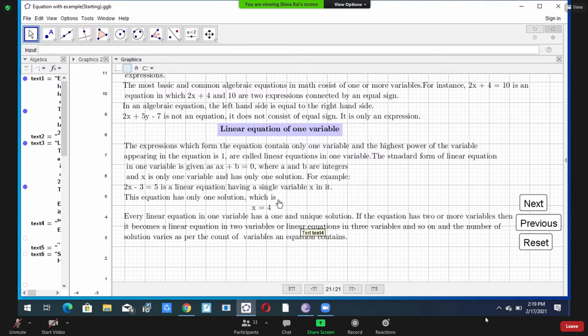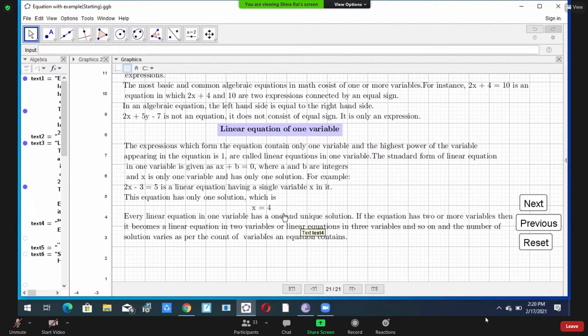It means the equation is satisfied by only one value of x. It doesn't have two values.